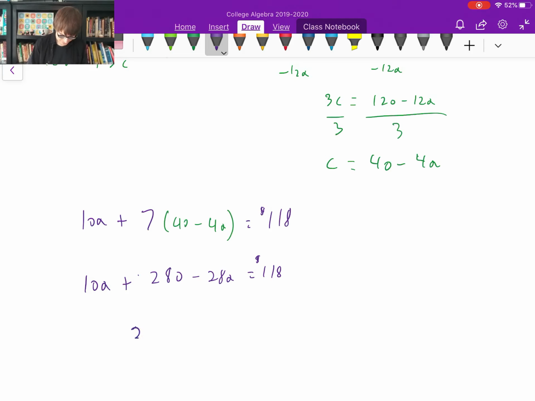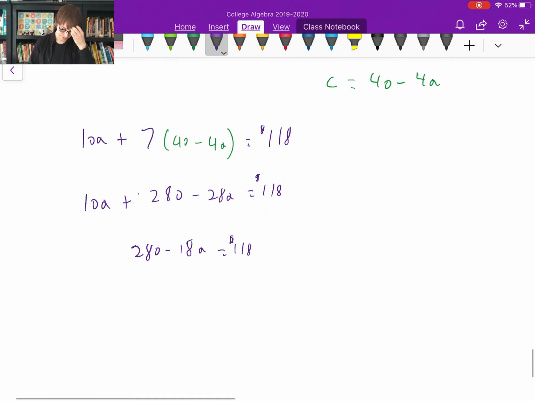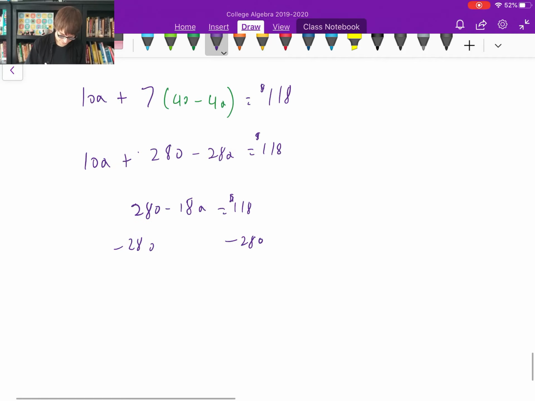So you've got 280 minus 18A equals $118. Then we're going to get A all by itself, so we'll get rid of the stuff that's furthest away first. So subtract 280 from both sides, and we get negative 18A equals 118 minus 280.